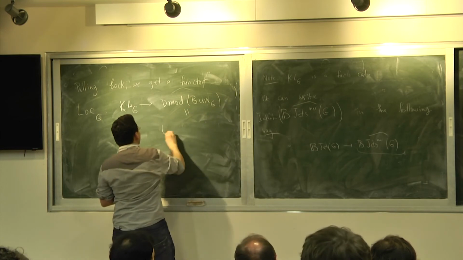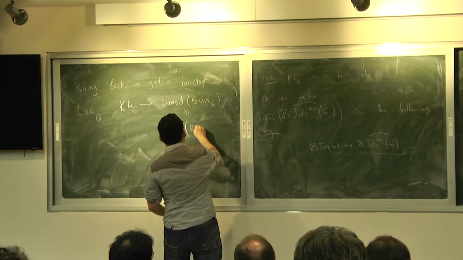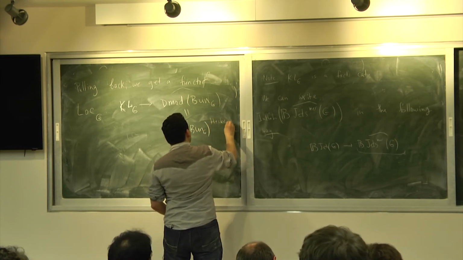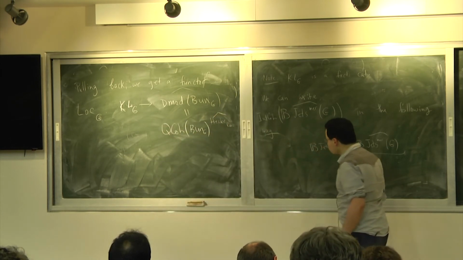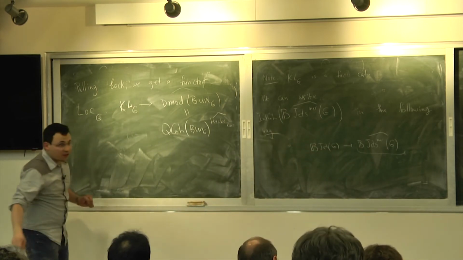So remember where this is. Quasi-coherent sheaves, Bun G. So we obtain this kind of localization functor.